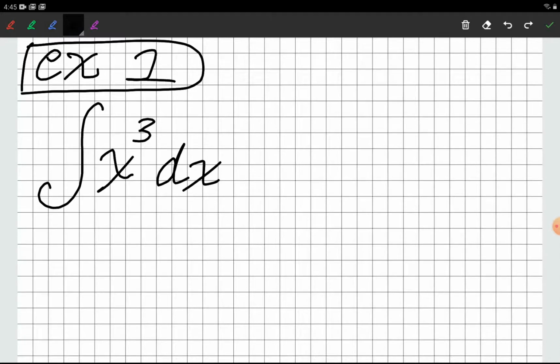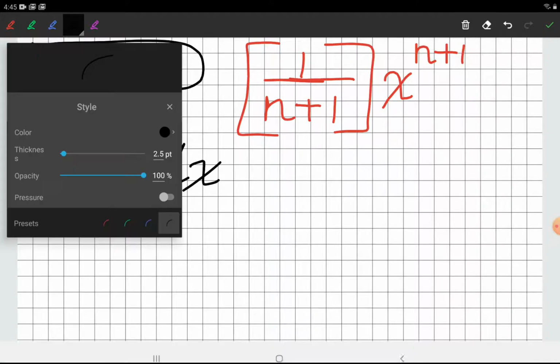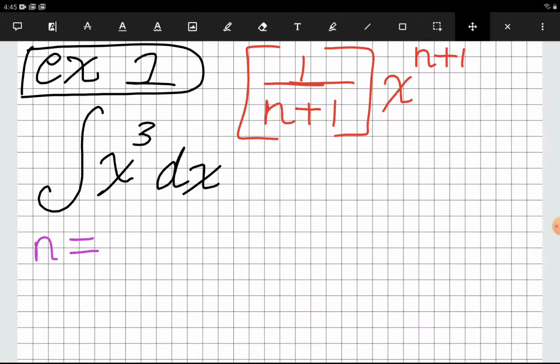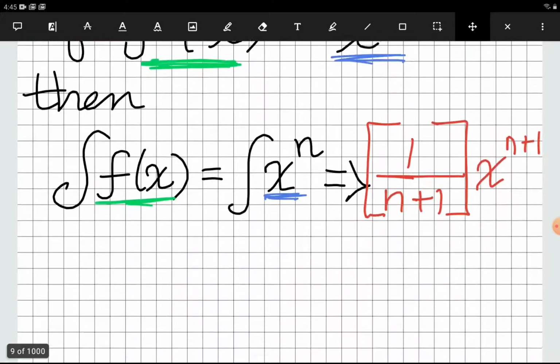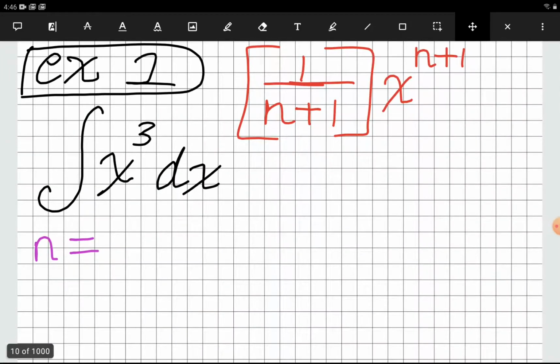So, first thing you do, you have that formula in front of you. All right, so our n in this scenario, if you go back, our power is 3.